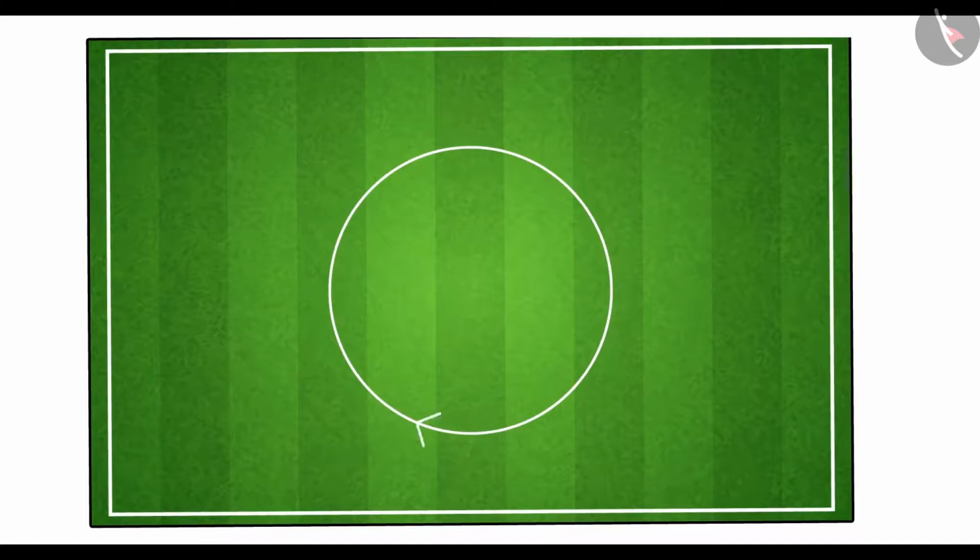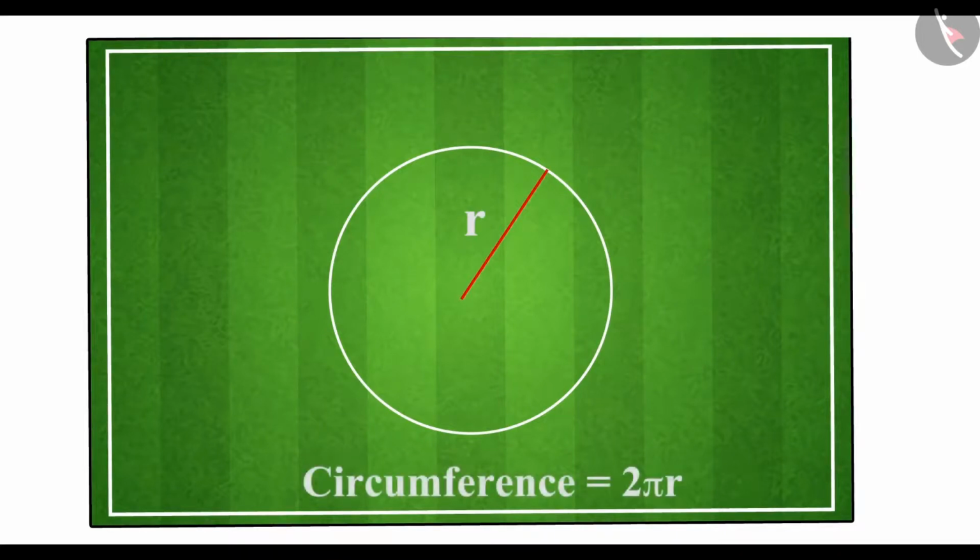Now, let's derive the speed of the athlete on a circular path. As we know, the circumference of a circular path with radius r can be calculated by the formula circumference is equal to 2 pi r.